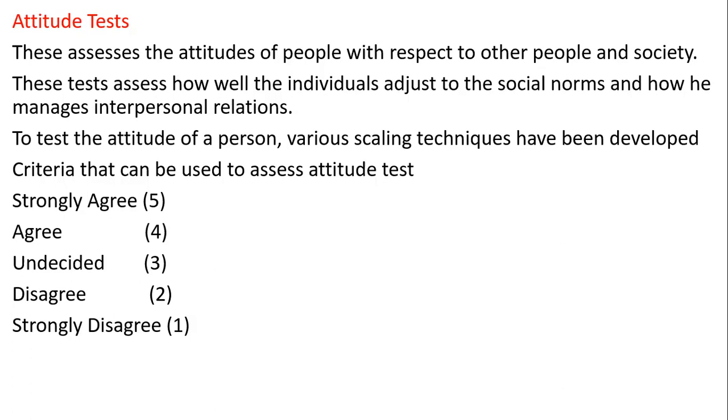As an example: the present education system in Sri Lanka should be reformed. Then there are 5 choices: strongly agree 5, agree 4, undecided, disagree, strongly disagree. Then you have to circle or write the number in the correct box. So it shows your attitude related to the given question.